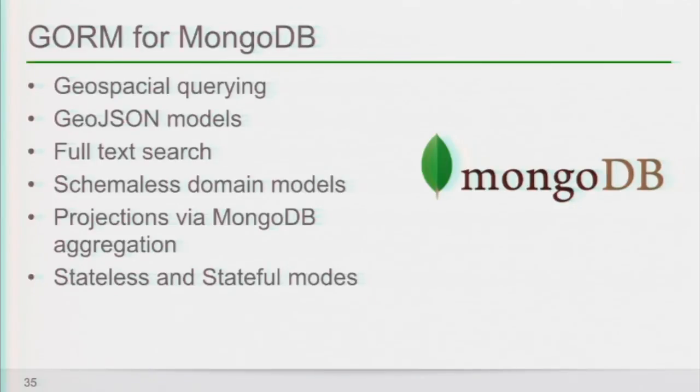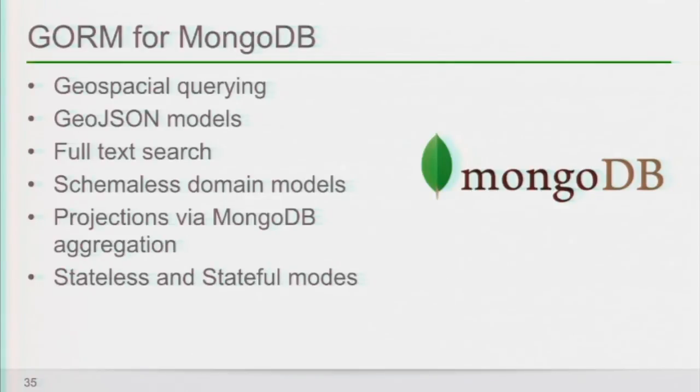Another great feature is full text search. With GORM for MongoDB, you can define a text search index on any property or collection of properties within a MongoDB domain class. Say, for example, I wanted to search on first name and last name.